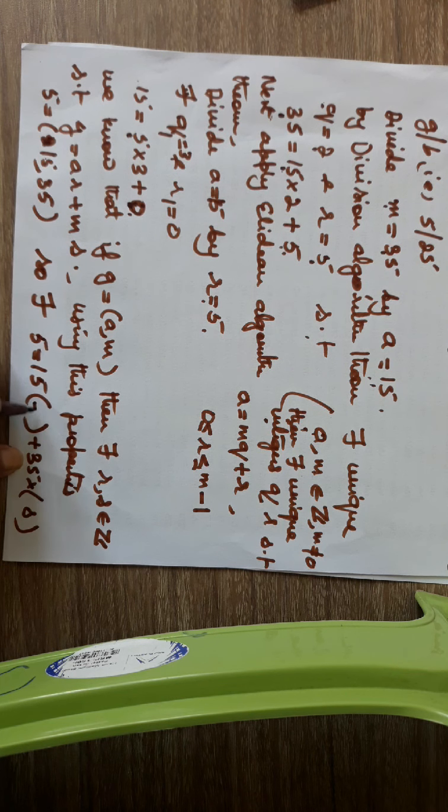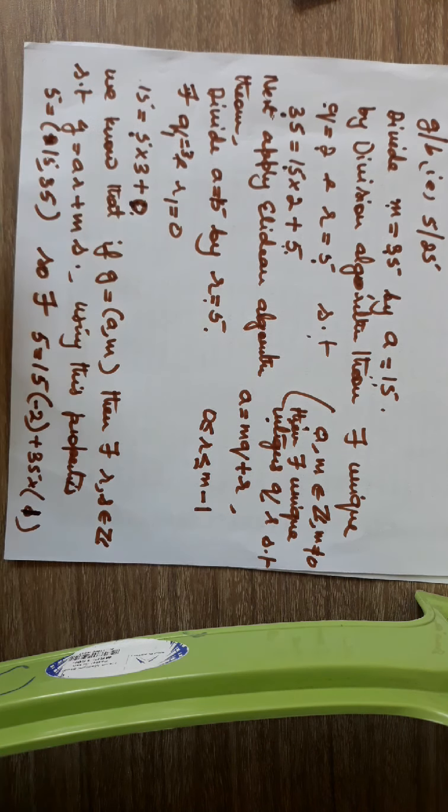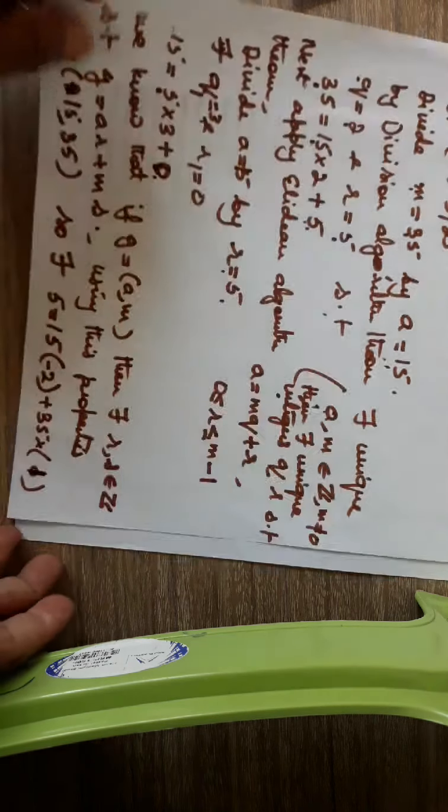Here you put R as minus 2, such that it becomes minus 30, and S you put as 1, such that 15 into minus 2 gives you minus 30 plus 35 into 1 gives you 35, and the sum of these two gives you 5. This R and S are integers, they can be positive or negative.